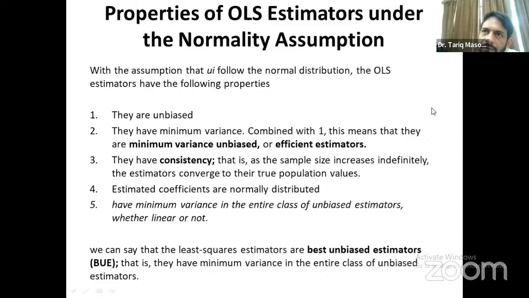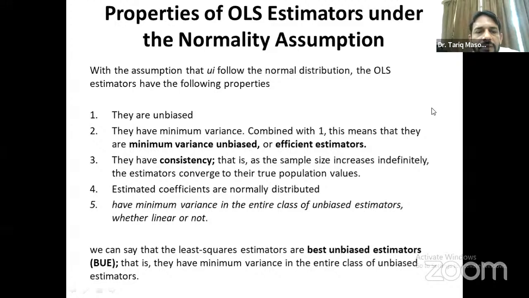If you use some method where you get a number of estimates from different samples and there is a lot of variability in all those betas, we cannot say that they are a true representation of the population. So there is a minimum variation possible. Combined with the first property, when any estimator is unbiased and has minimum variance, those estimators are known as efficient estimators. So any estimator is efficient if it satisfies the first two properties.